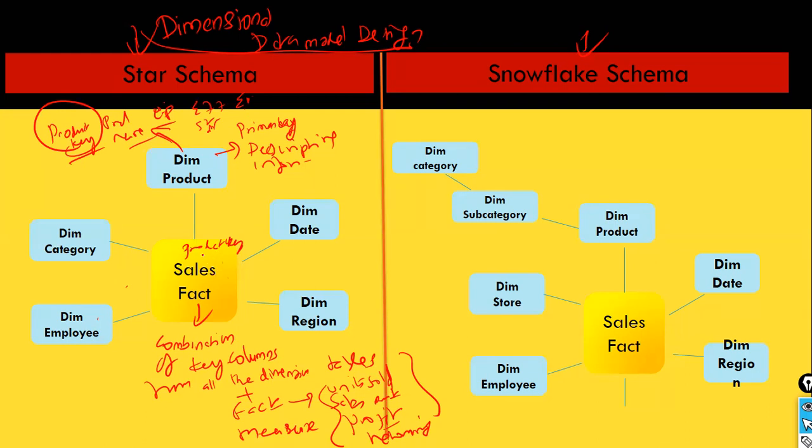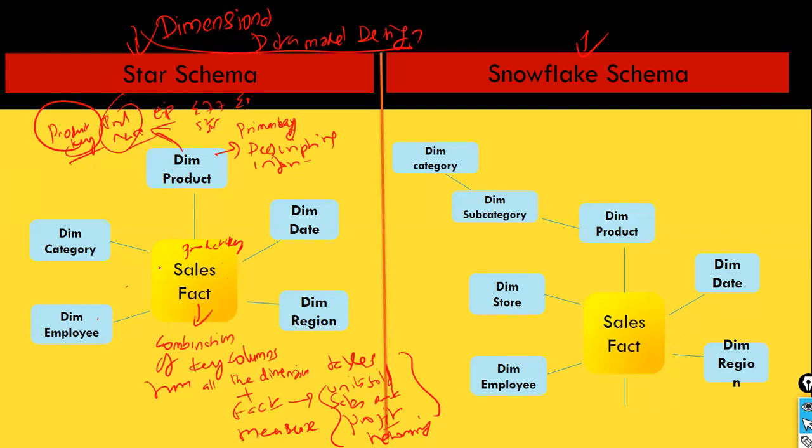To get the product name, you need the product key stored in this fact table to join with this table, because this table is the one holding the product name. Without the key column, how can you join? Only when you join can you do a lookup and retrieve the product name.